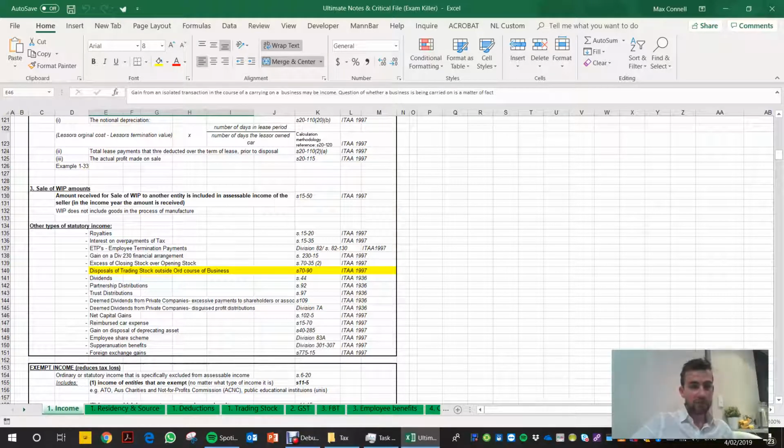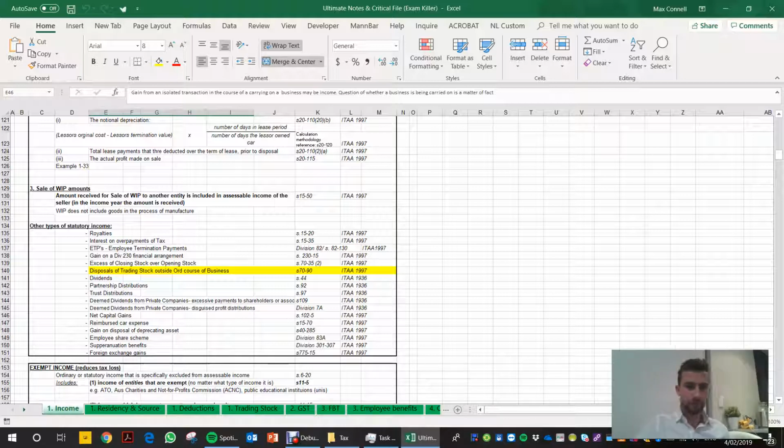The amount that you receive for that WIP is not capital, it's put in the assessable income of the seller in the year that the amount was disposed of. So that's section 15-50.